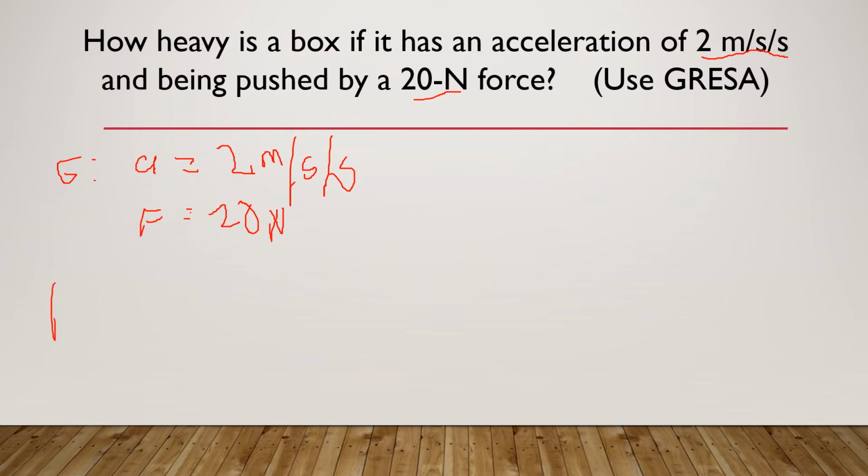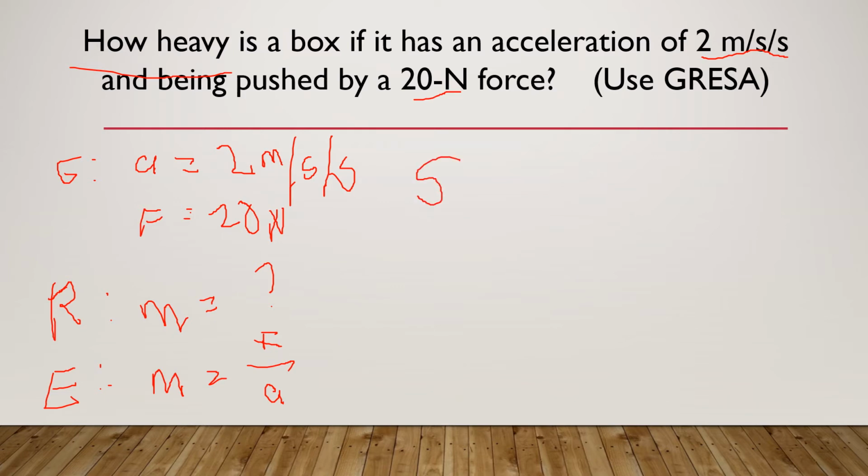Okay? Next, we have required. So what is the required or the unknown value or variable? How heavy? So it pertains to the mass of an object. So since you already know that you are looking for the mass, you need to go back to the triangular formula and look for the correct formula of mass, which is equal to force divided by acceleration.